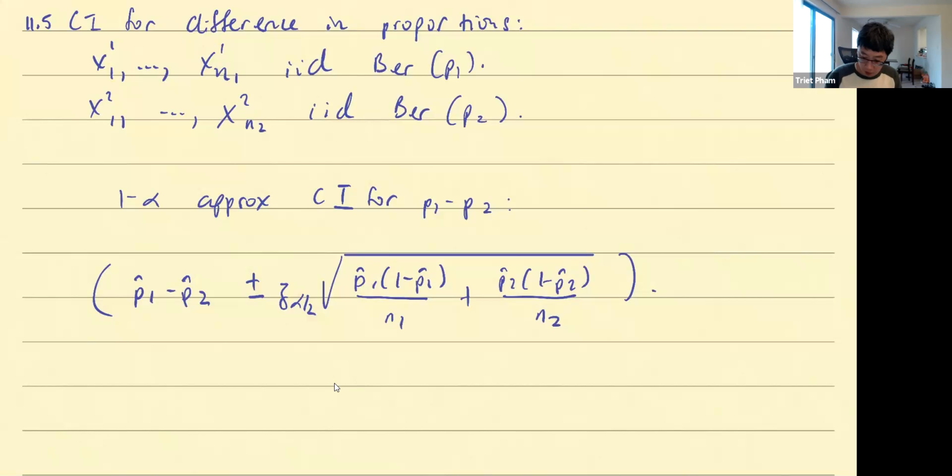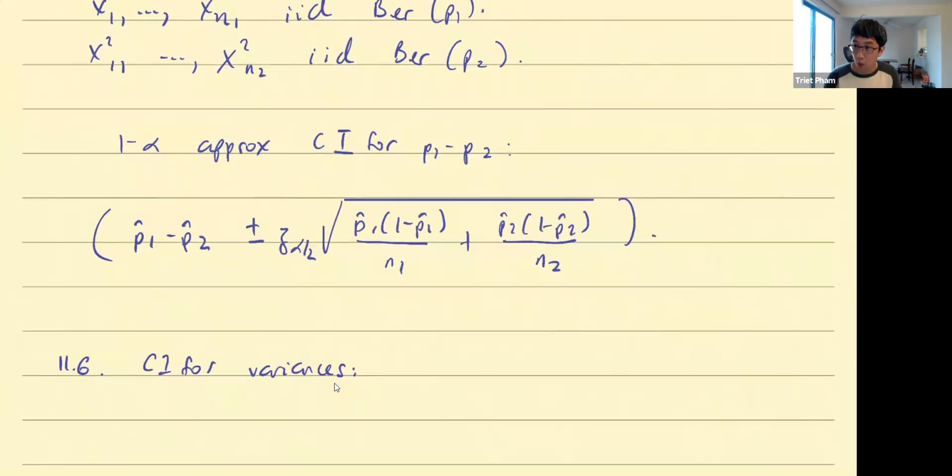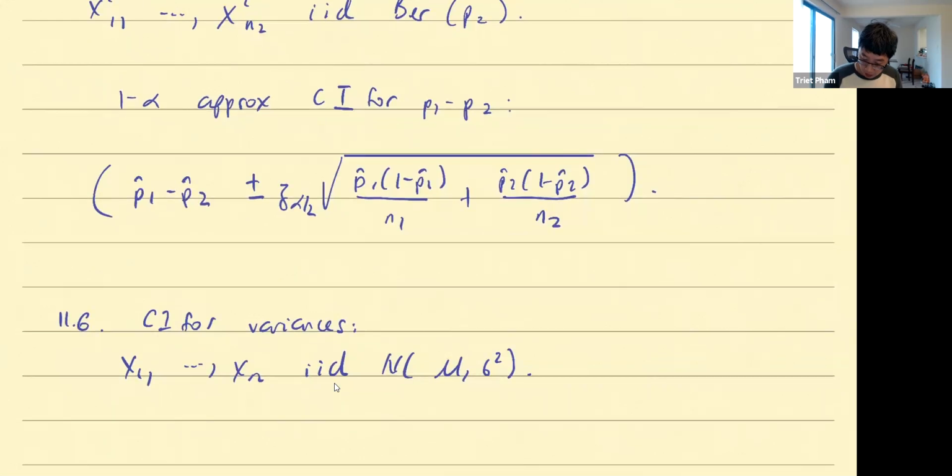All right, so I assume these are straightforward then. Let's move on to 11.6, confidence interval for variances. So let's start out with the basics. x1 up to xn are IID normal mu, sigma squared. Now we want a 1 minus alpha confidence interval for sigma squared.